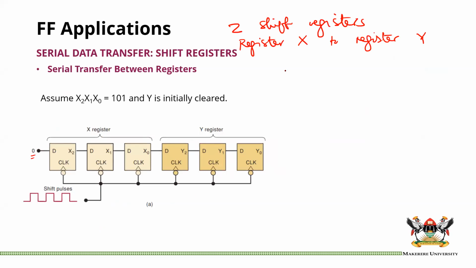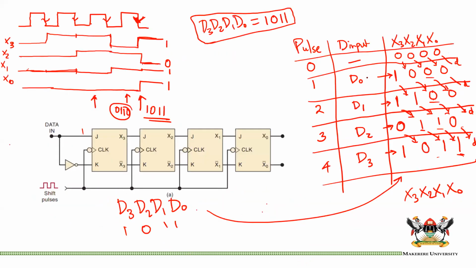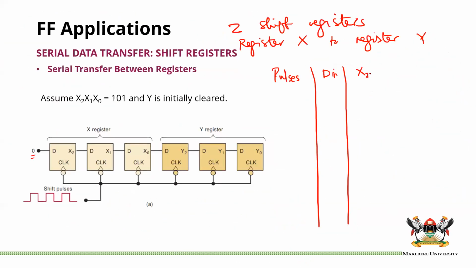And this is an NGT. So we can say pulses, we can say D in, but it is not very difficult or very different from what we've already seen. Y2, Y1, Y0.